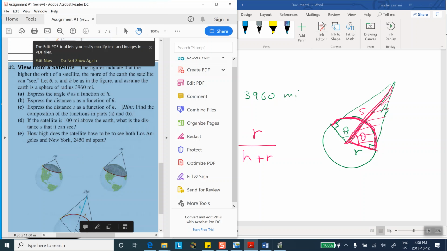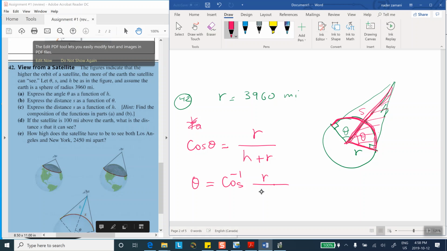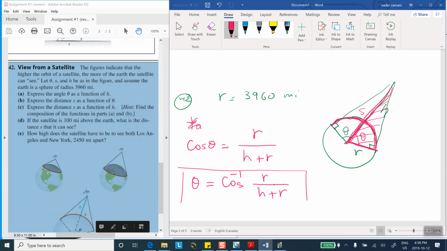We want theta as a function of h. So if you take the cos inverse, theta is equal to cos inverse of r divided by h plus r. Leave it like that. This is the answer to part A.